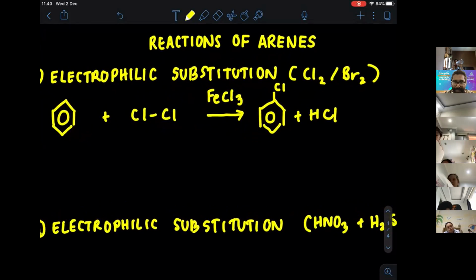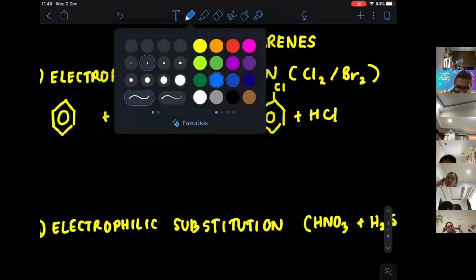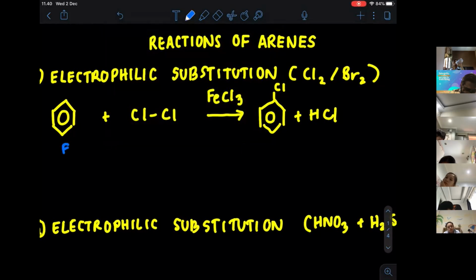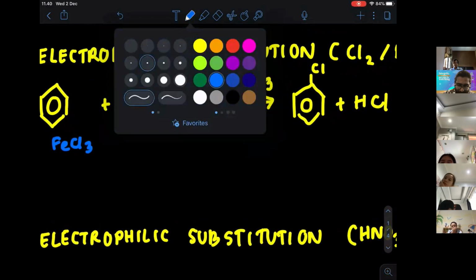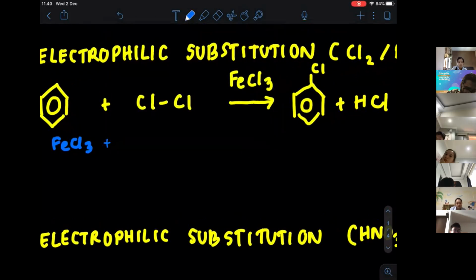So we need to learn how to write the electrophilic substitution mechanism. The mechanism of the reaction starts with the reaction between FeCl3 and the Cl2. You need to remember that when the Cl2 approaches the FeCl3, the Fe3 plus cation will polarize the chlorine molecule.